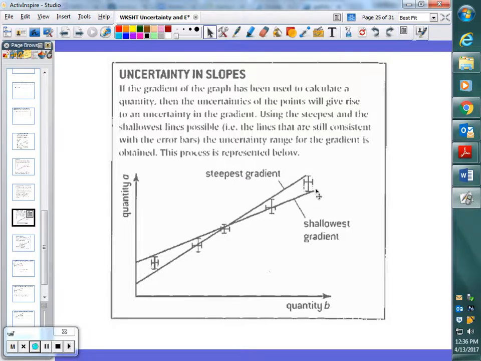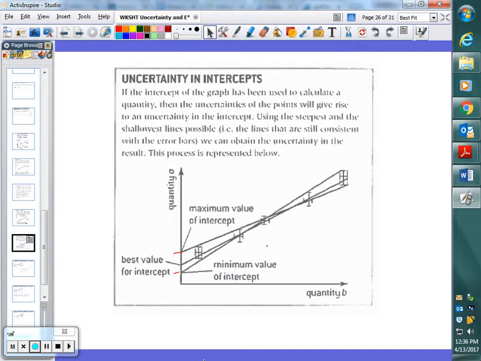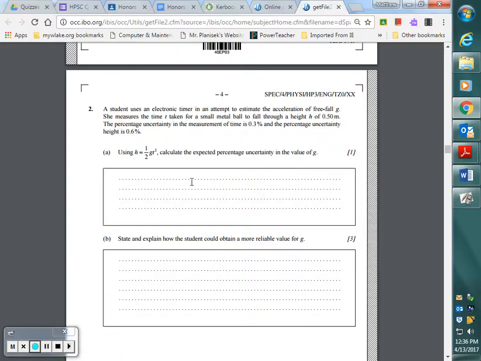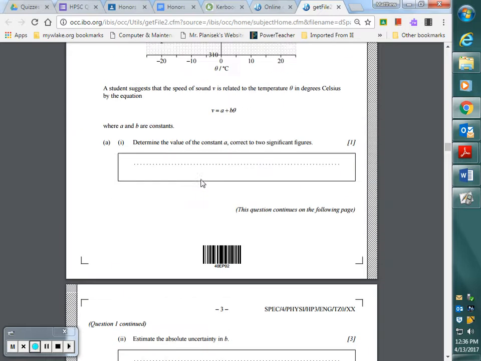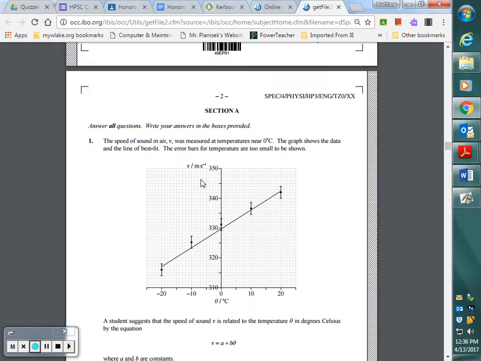And then for the other one, you're going to start at the lowest level of uncertainty here, the highest of the range of uncertainty here. That's, in theory, your shallowest possible slope. And as far as the intercept goes, wherever those two lines meet, that would be the uncertainty range of your intercept. Okay?